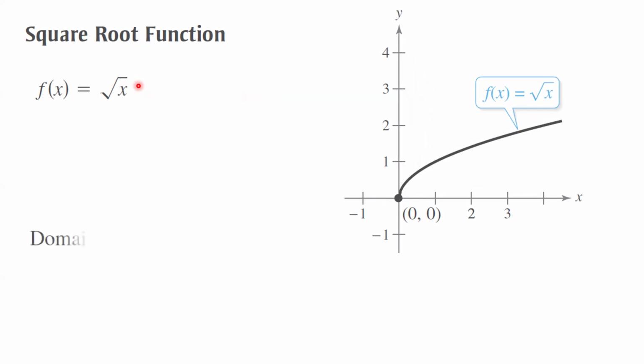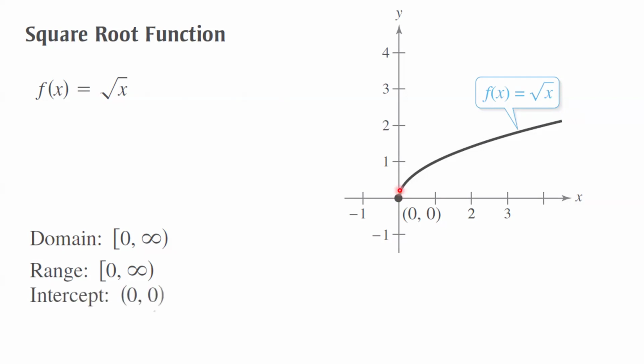So what are the properties of the square root function? The domain, as you can see, starts from 0 and goes to positive infinity. What about the range? The range starts from 0 and goes to positive infinity. So it happens that the domain and range for this function are the same. What are the intercepts? The x-intercept and y-intercept both happen at the origin.